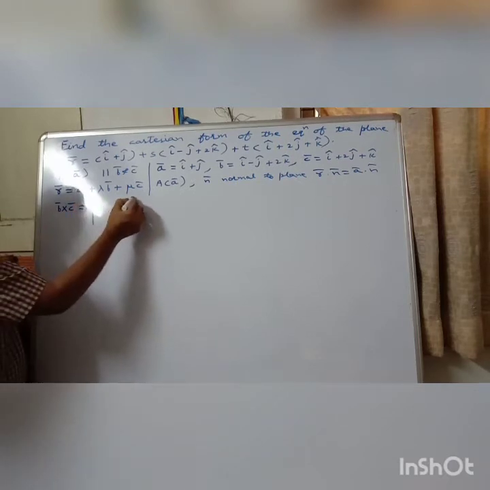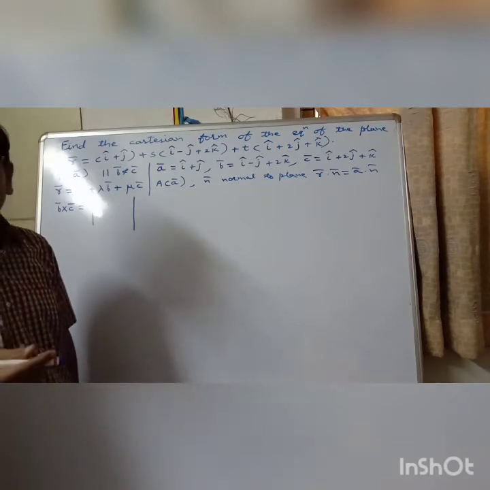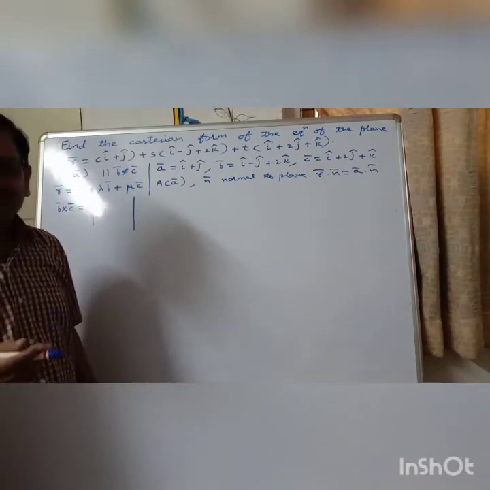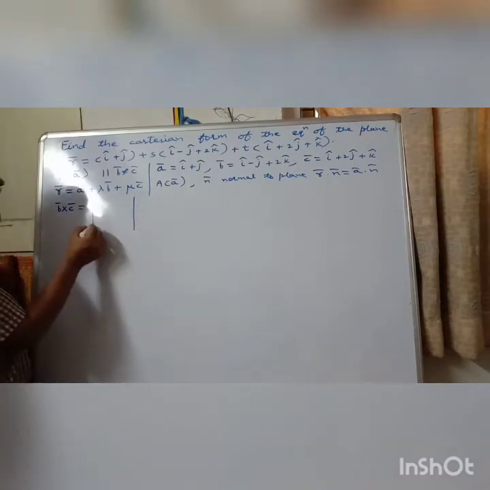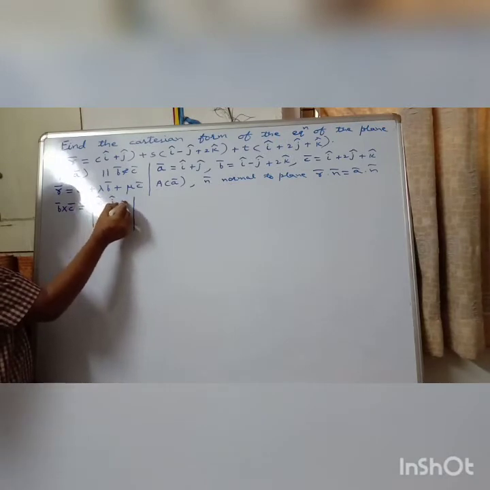As B bar and C bar they are expressed in terms of unit vectors, we can find their cross product by using determinant. In first row of determinant, unit vectors i cap, j cap, k cap.